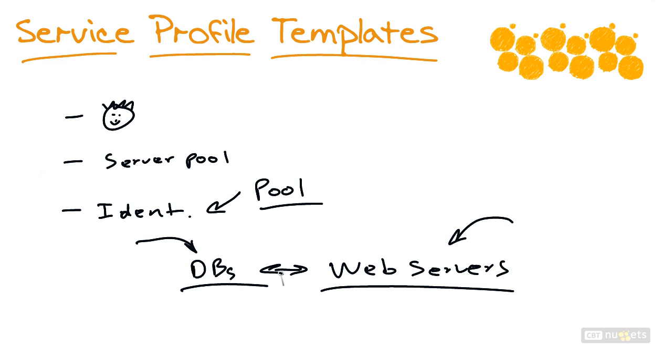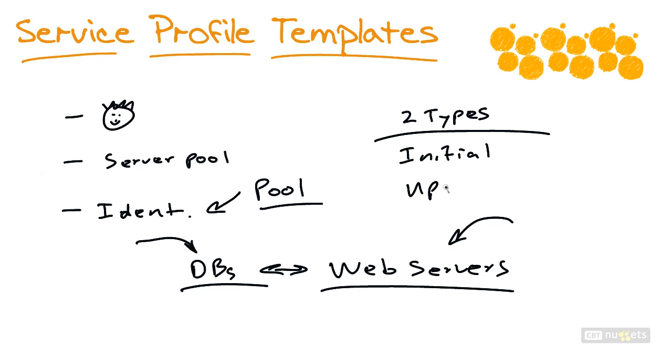Now, there are indeed two types, and obviously I'm going to need you to master this information. There's what we call initial templates, and then there's what we call updating templates. Now, here's the deal. Initial templates are used to create a service profile, get it off and flying, and then it's not tied to that service profile in any way.